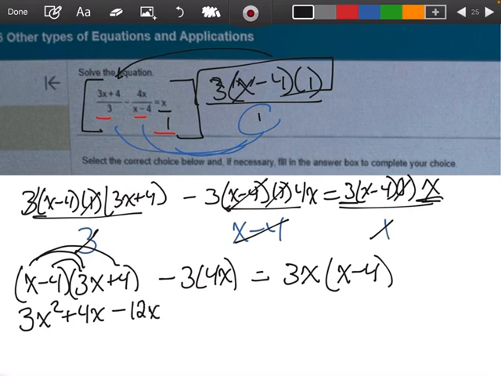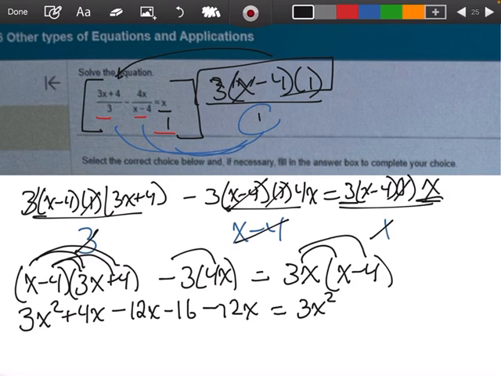Negative 4 times 3x is negative 12x. Negative 4 times positive 4 is negative 16. Right here, negative 3 times 4x is negative 12x. Here, 3x times another x is 3x squared, and then another minus 12x.